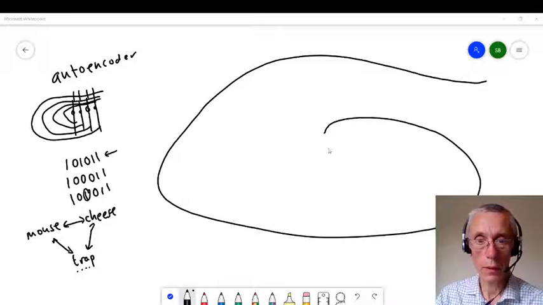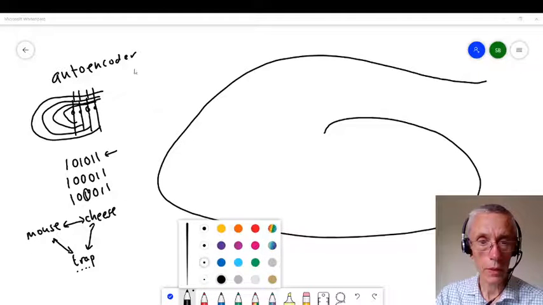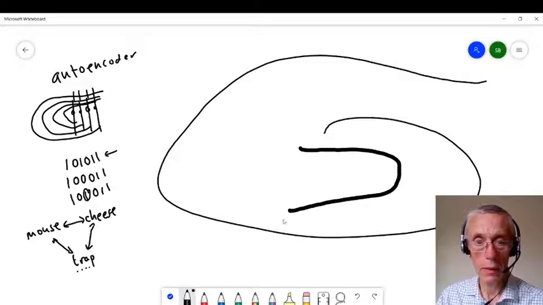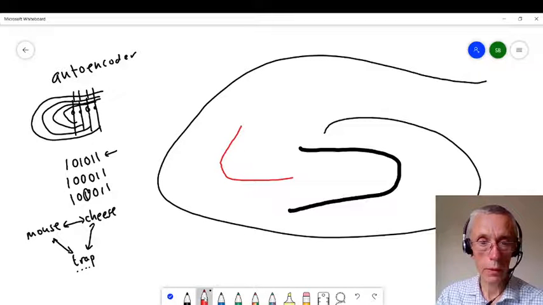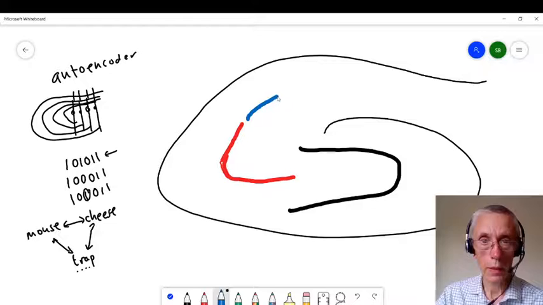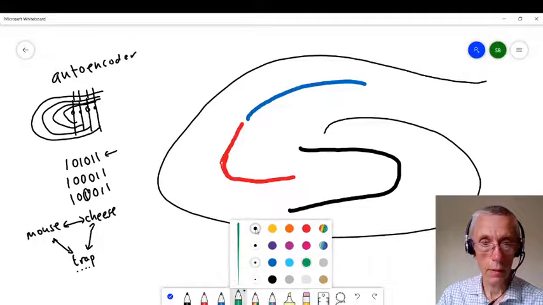We've got the dentate gyrus, and then we've got CA1, CA3, and then CA1 and the subiculum.